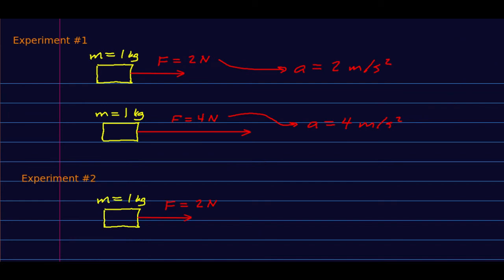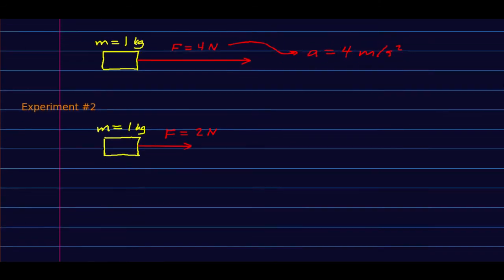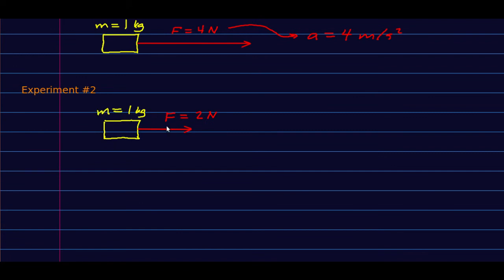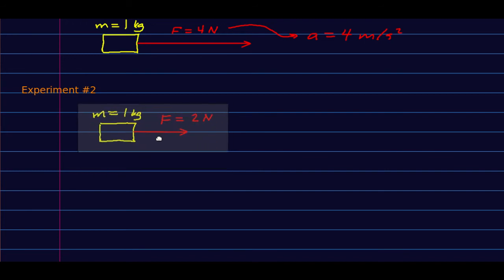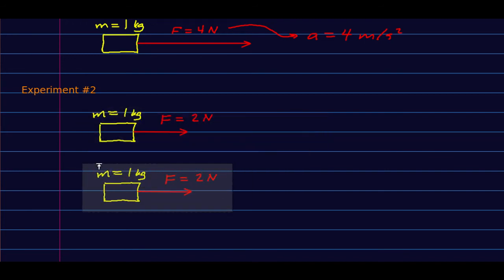So now you can do a very similar experiment. You take your mass of 1 kilogram and you exert a 2 Newton force again on it, being careful that that's the only force that matters. And now, instead of changing the force, you change the mass. So you replace your 1 kilogram object with a 2 kilogram object.